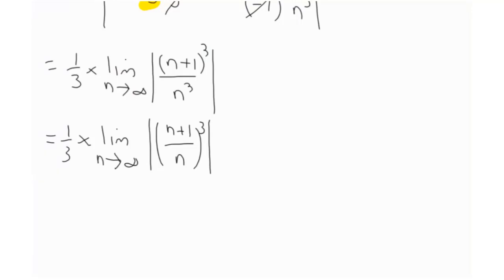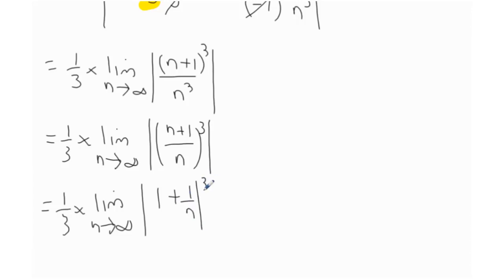If we carry on working on this, it's 1/3 times the limit of n over n plus 1 over n, so n over n is 1, plus 1 over n, and then we cube it.